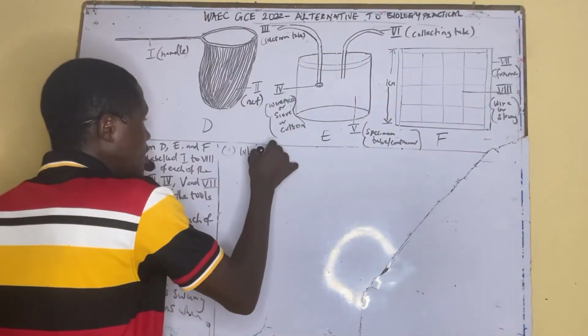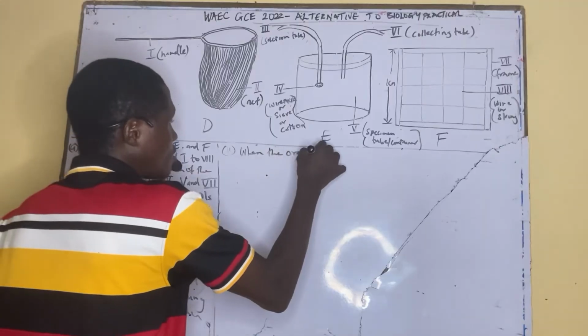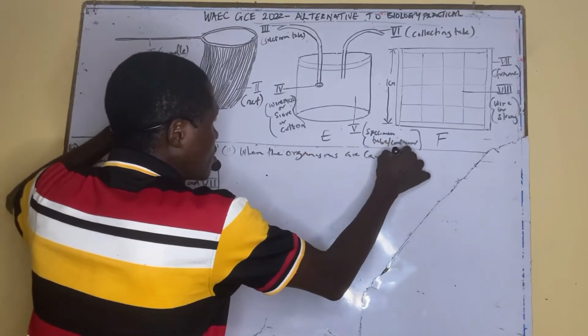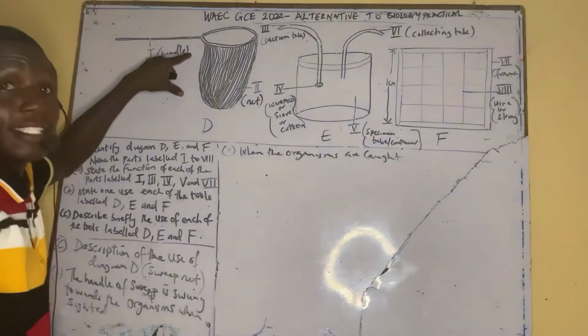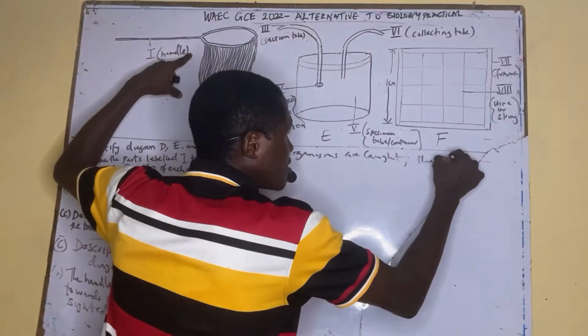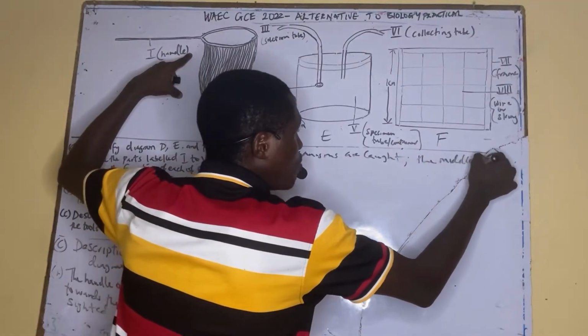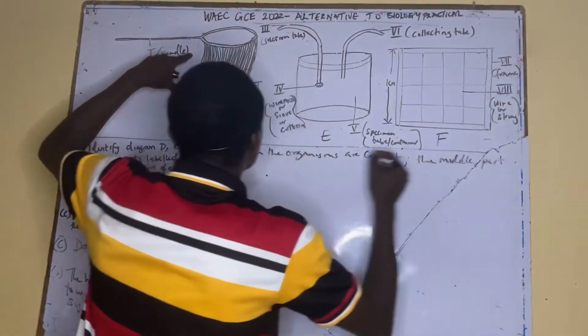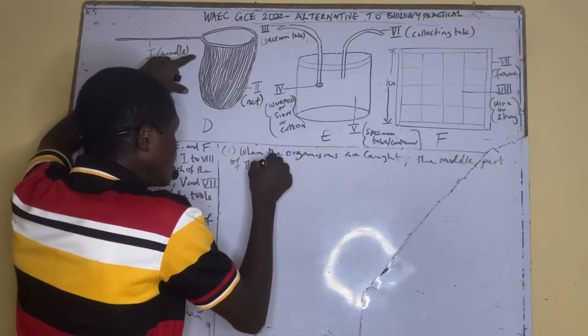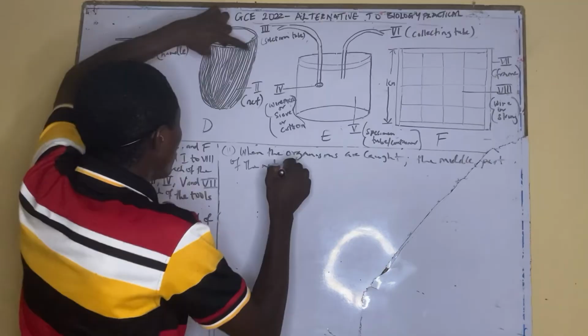When the organisms are caught by this sweep net, then the middle part of the net is held closed. You hold it from here.